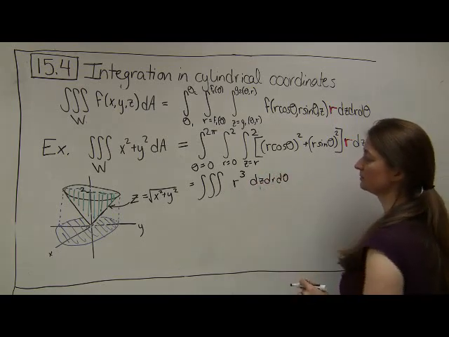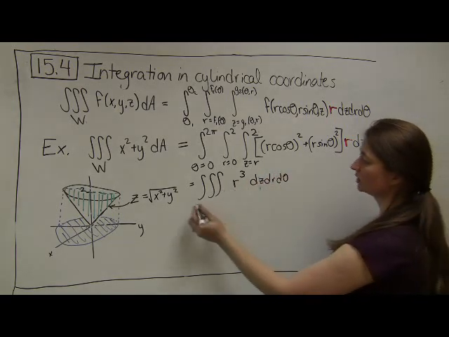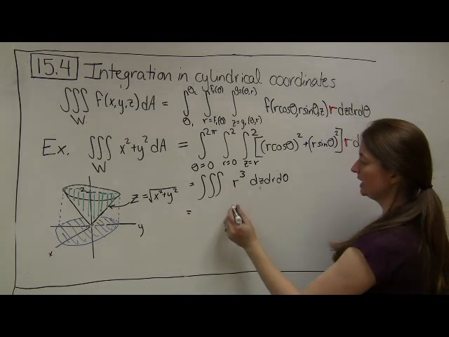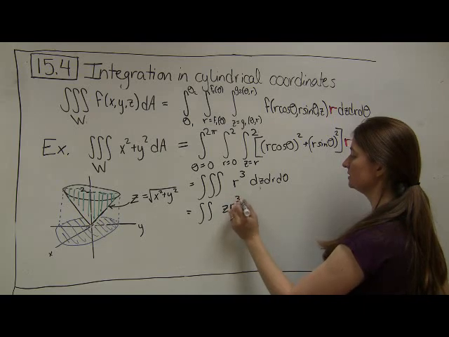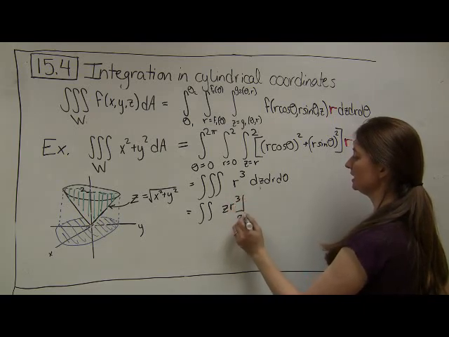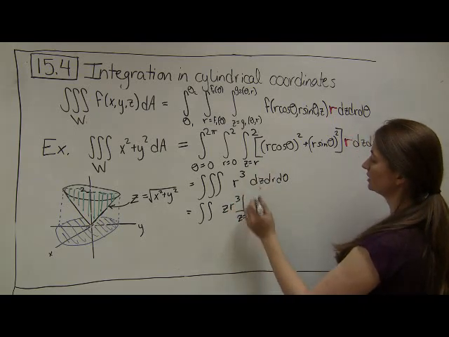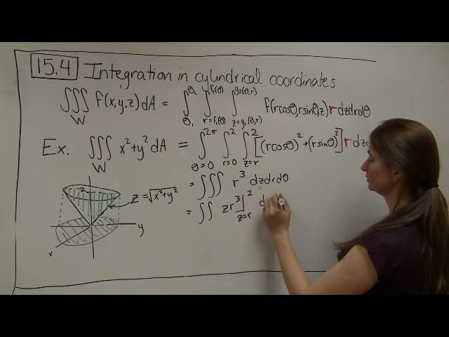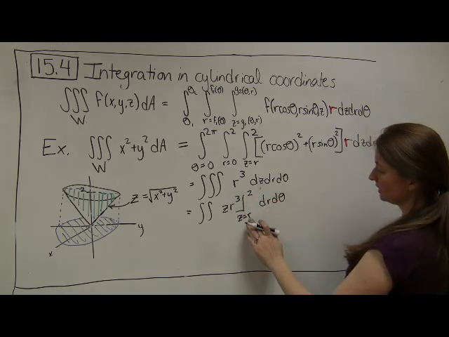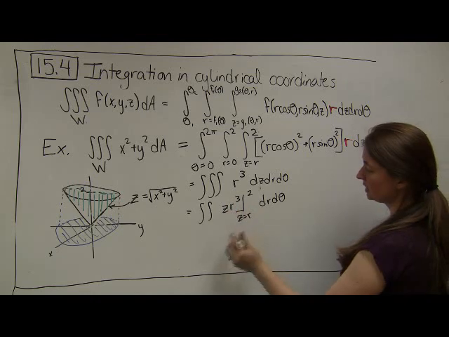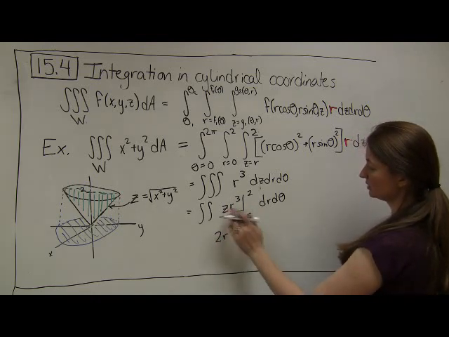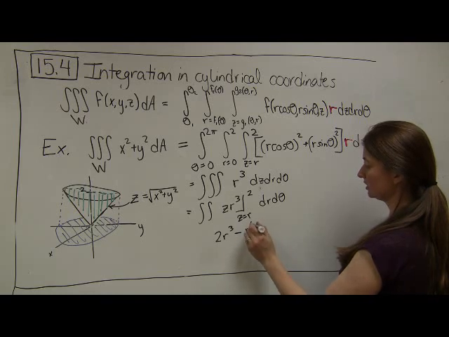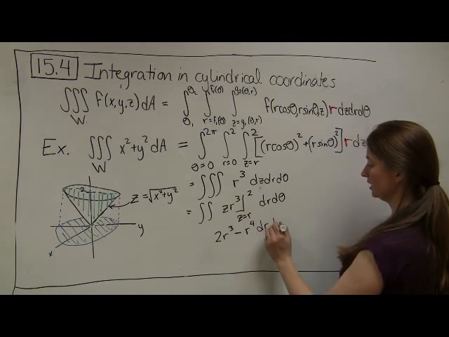So let's integrate with respect to z first. I'm treating r cubed as a constant, and I end up with z r cubed evaluated from z equals r to z equals 2. So when I plug in z equals 2, I get 2r cubed minus when z equals r, I get r to the 4th, dr d theta.